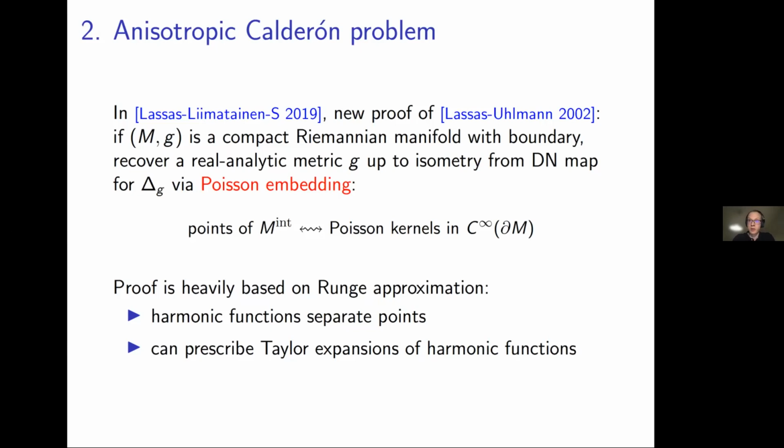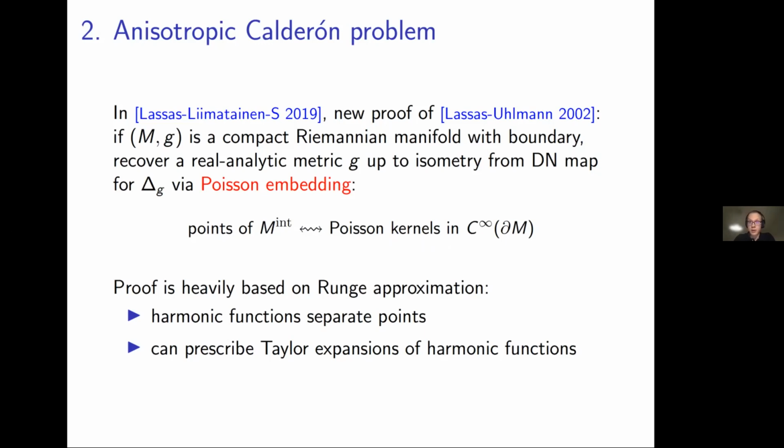So you need to identify the points in the inside with something that exists on the boundary, because the boundary is the thing we know and where we can make measurements. So what we actually do is we identify points in the interior by Poisson kernels that correspond to those points. And Poisson kernels are functions on the boundary.